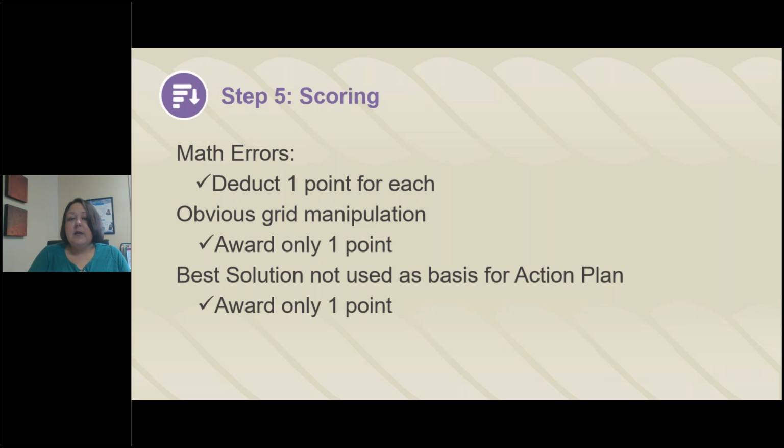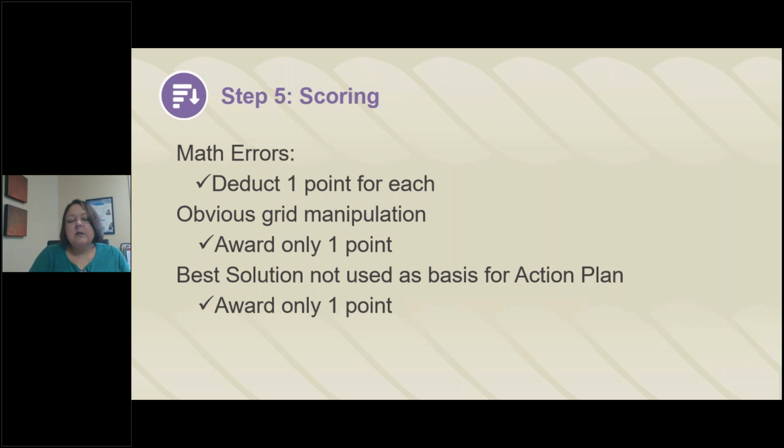However, if they just decided that another solution was perhaps more interesting, more creative, they thought would make a better skit, whatever their thought process may be, if they don't use the one with the highest number of points in step 6, then they would be awarded only 1 point here.